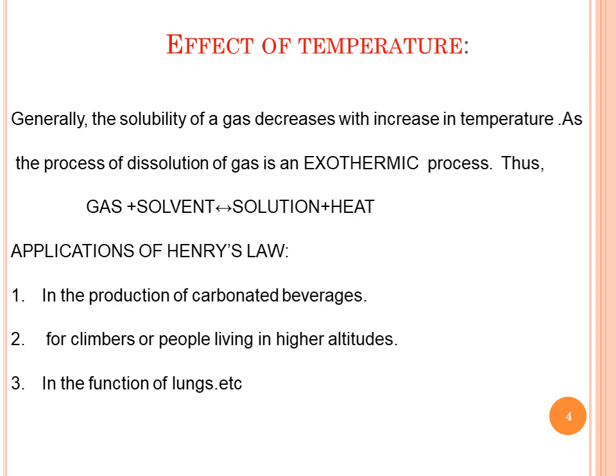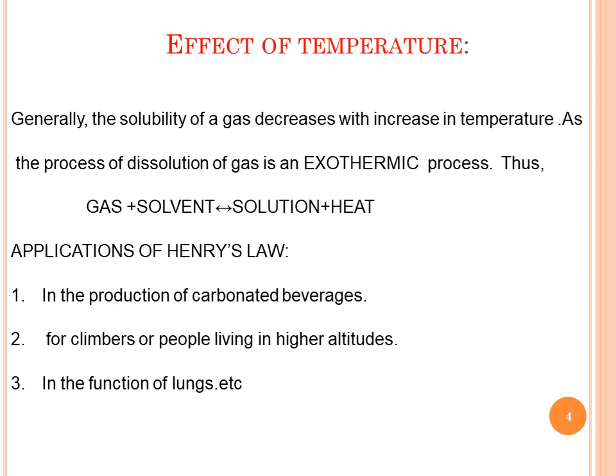Now the second point given here is for climbers or people living at higher altitudes. For those people staying at higher altitudes, what happens there? The partial pressure of oxygen is less than at ground level. As a result, there is a low concentration of oxygen in the blood and tissues of the people living at higher altitudes, and the same thing happens to people climbing mountains.